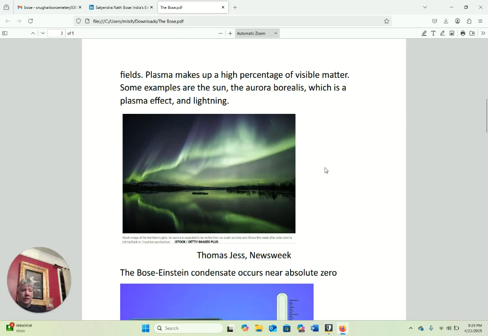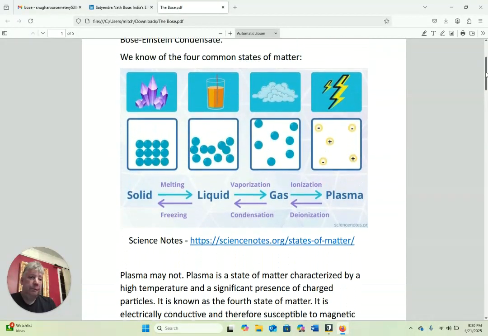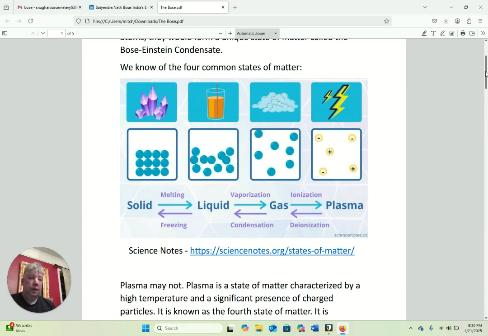But what is this Bose-Einstein condensate, and how does that form of matter come about? It really goes the opposite way of the plasma. It goes backwards, toward the solid, and brings the atoms close to absolute zero.